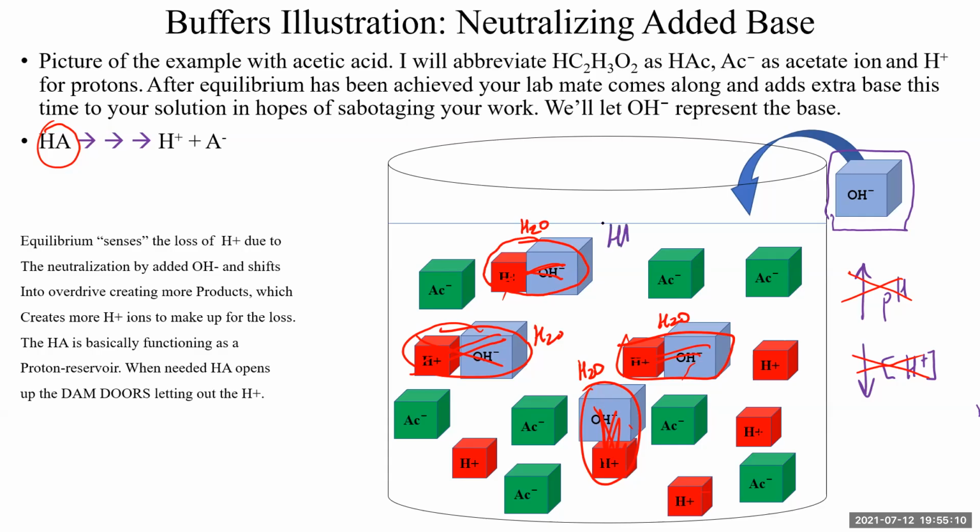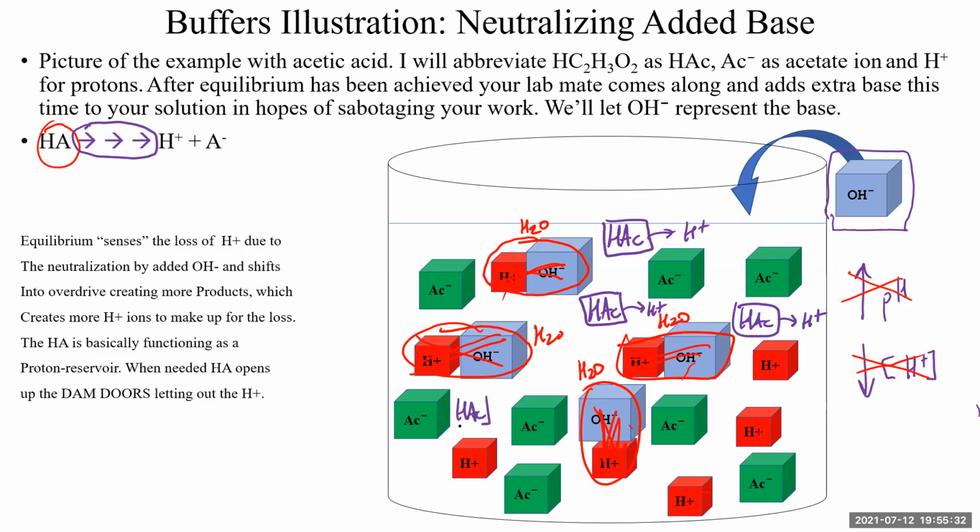So HAc is floating around in solution. What will happen is the HAc, the acetic acid, is going to flip into high gear in the forward direction and release more hydrogen into solution, thus replenishing and reestablishing the hydrogen ion concentration.